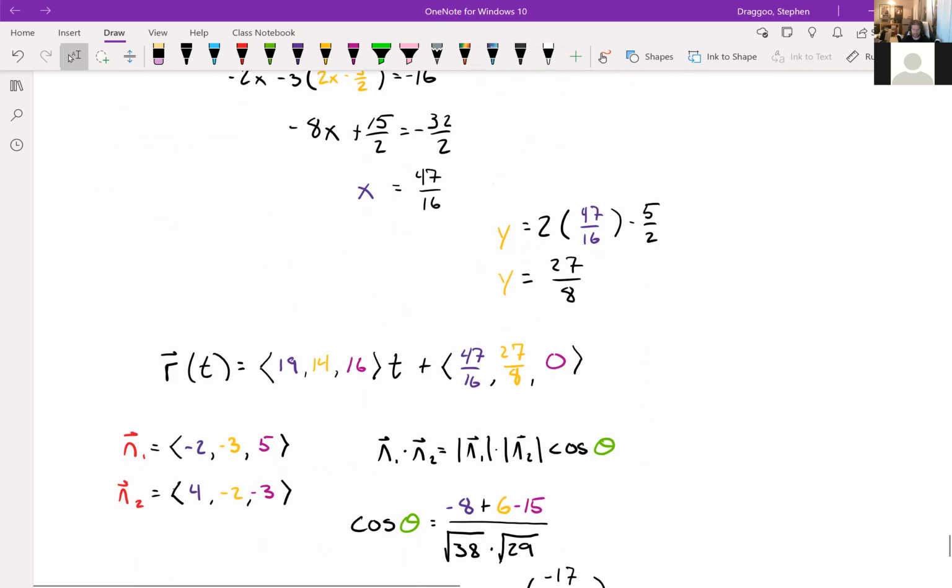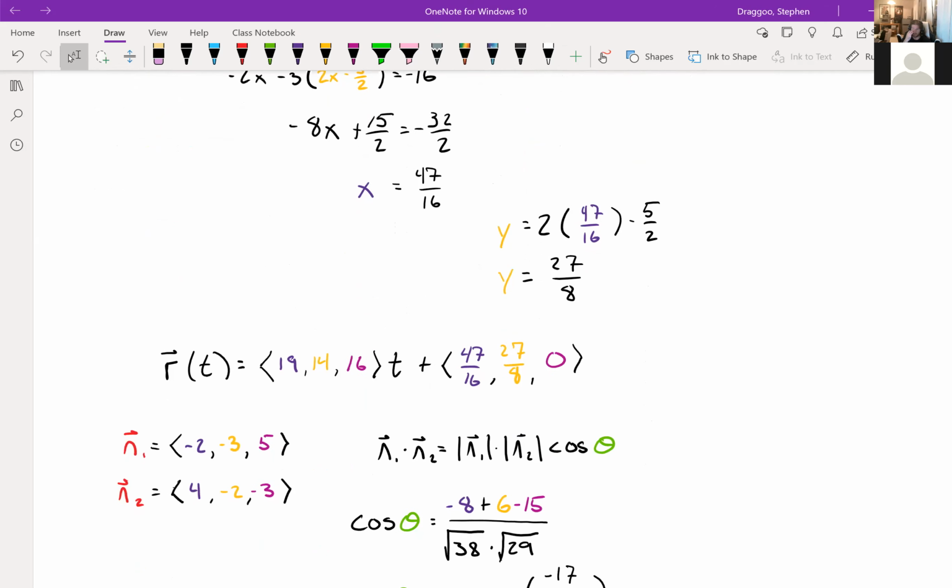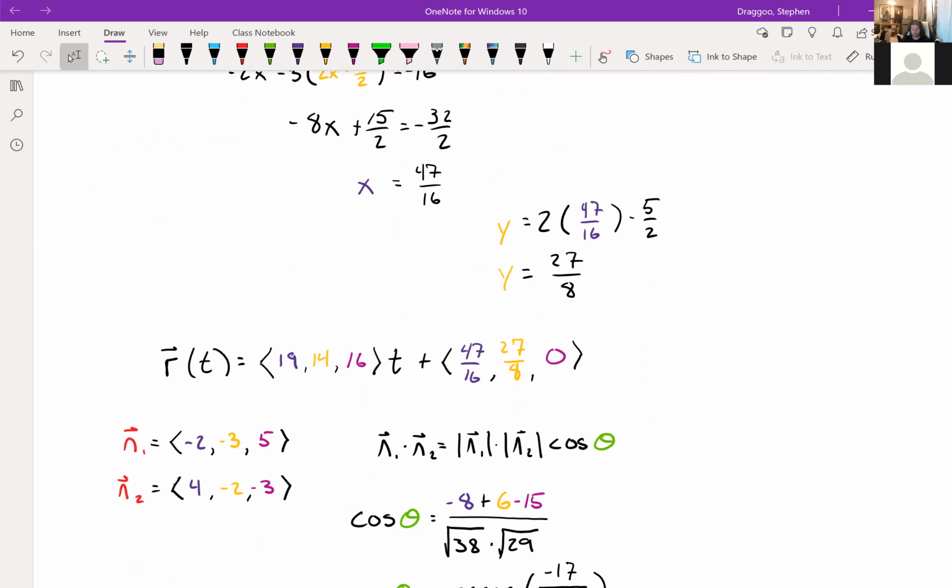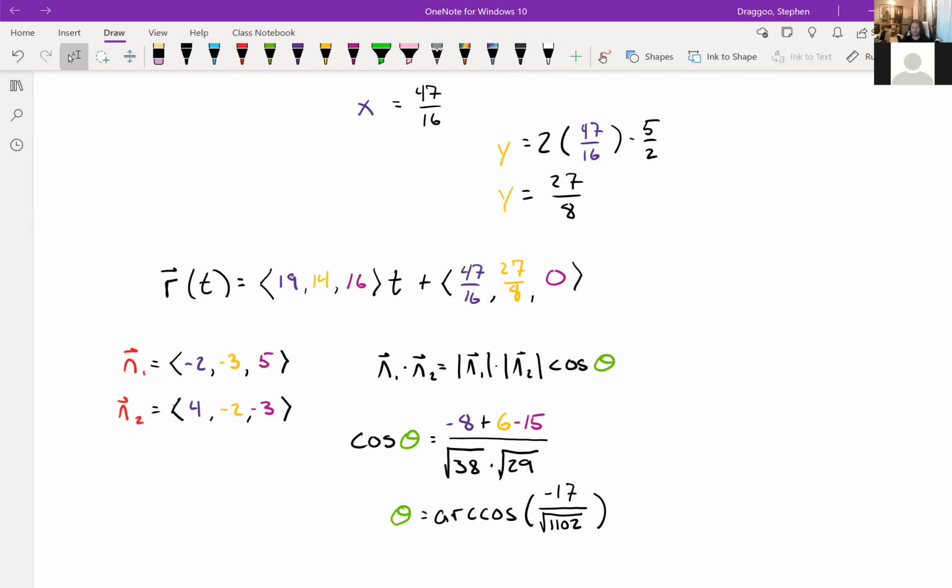But once I do that, I can have my parametric equation for that line, which was the cross product of the normal vectors times t plus that point that I found that's on the line. So ultimately, the equation that I have here is a vector parallel to the line times t plus any point that's anywhere on that line, which is why I get to choose one variable to be a number and then find the other two, because it can be any point that's on the line.